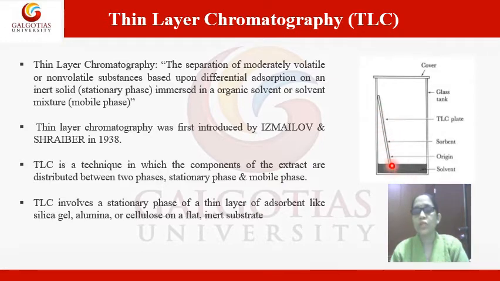When we spot the compound on the TLC plate, some precautions should be taken. The components of the mixture should be spotted at a certain distance so that the spots do not dip inside the solvent. This precaution should be taken when we do spotting in TLC.